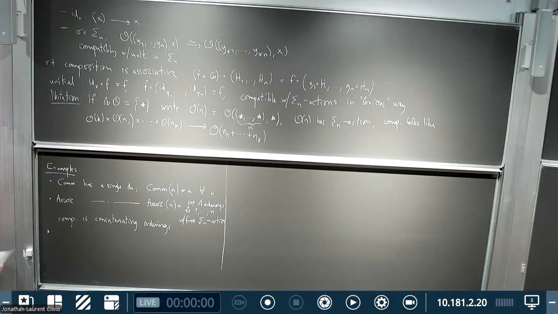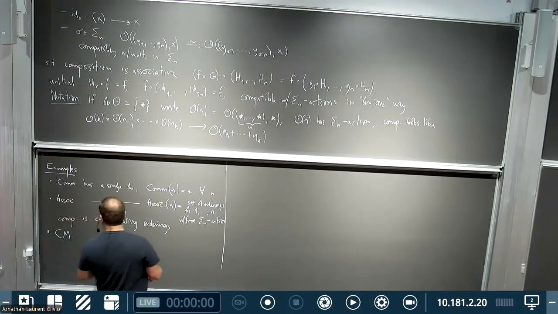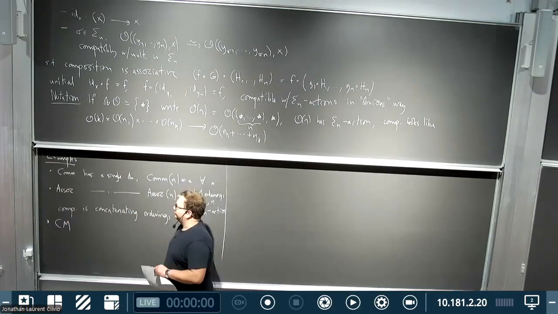Okay, so these are the one-object operads you've certainly seen before. Let me also give a couple of examples where there's more than one color. The operad CM, which would be the operad for modules over a commutative algebra.